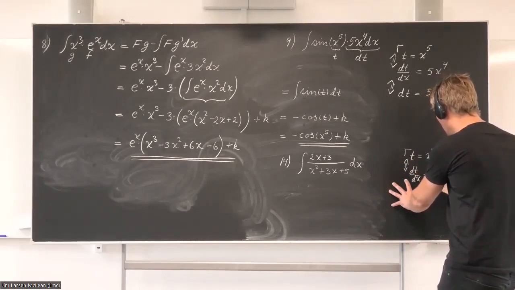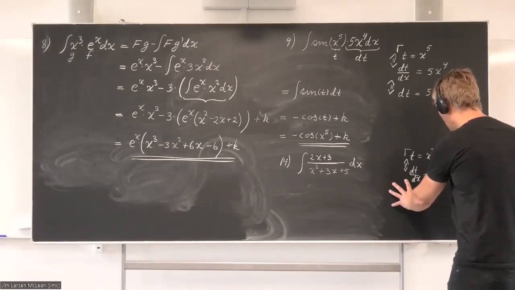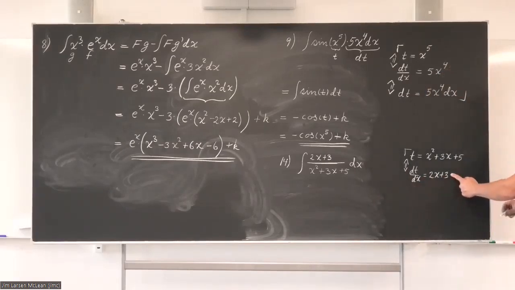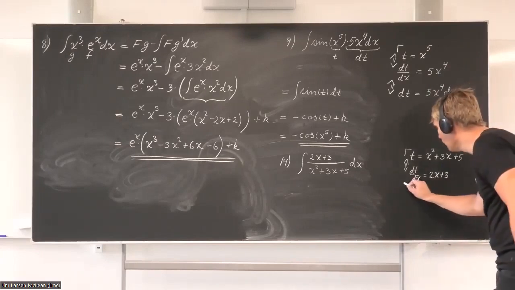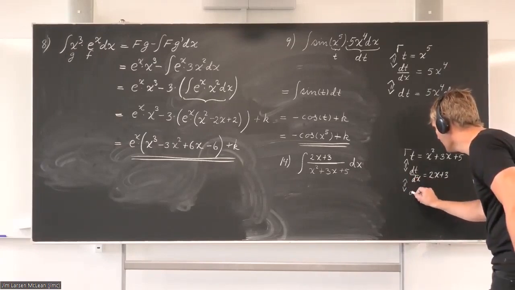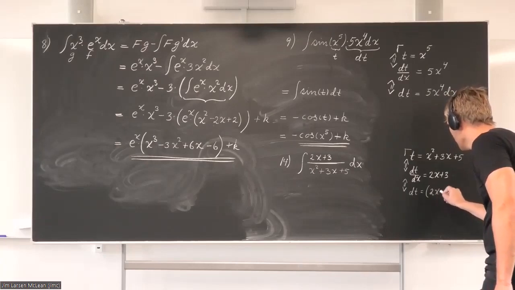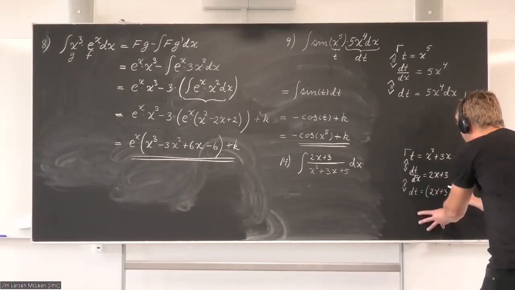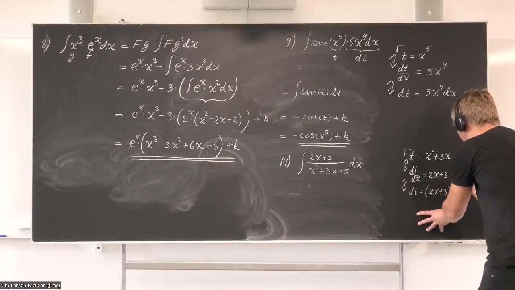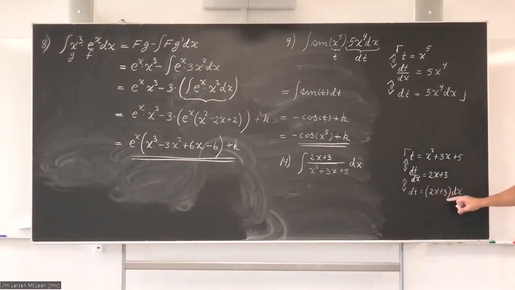And that gives 2x plus 3. So I just multiply dx over to the other side of the equation and get dt equals parenthesis 2x plus 3, close parenthesis, dx. The reason I should put a parenthesis is because dx has to multiply both terms, right?